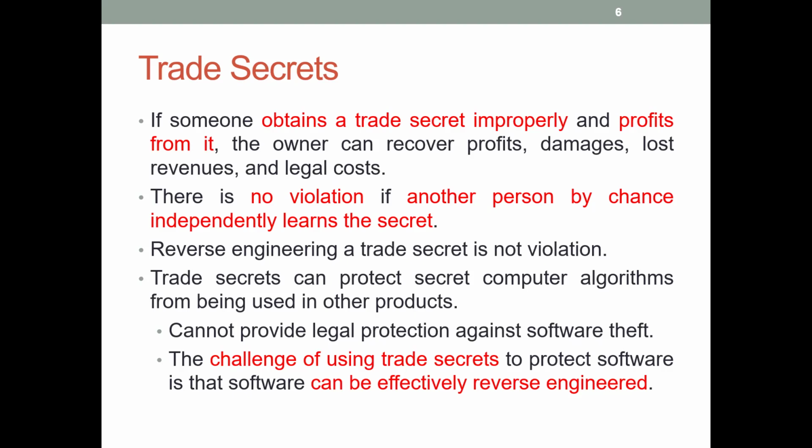So they are explaining there is no violation if another person by chance independently learns that secret, right? If they steal your trade secrets, it's not okay, right? If they illegally find out your trade secrets by hiring some of your employees, or they use vulnerabilities in your systems to find out your trade secret, it's not acceptable behavior.